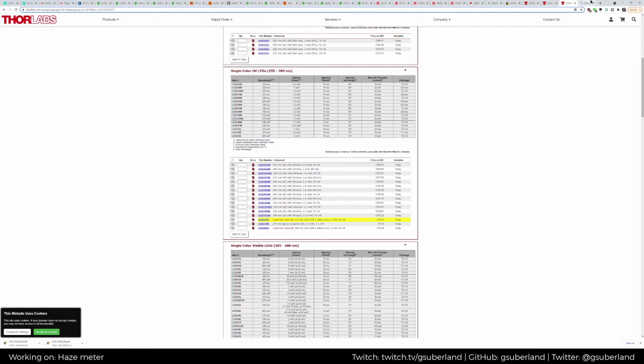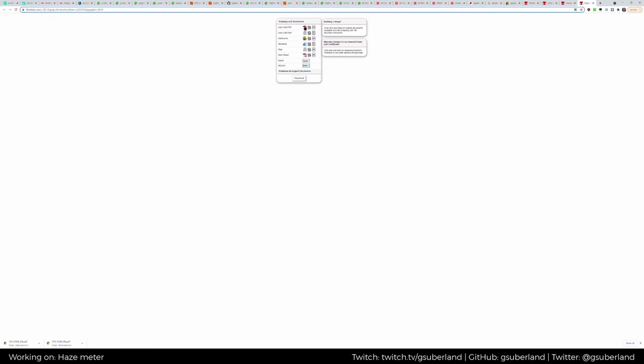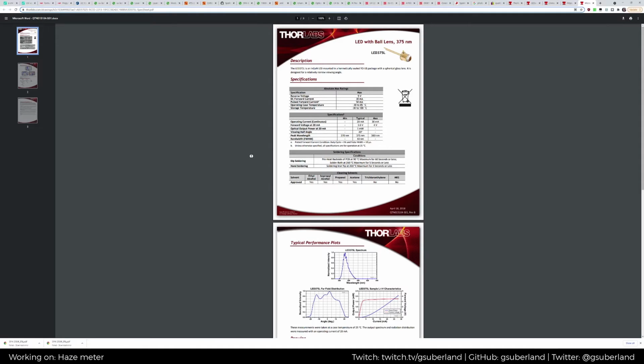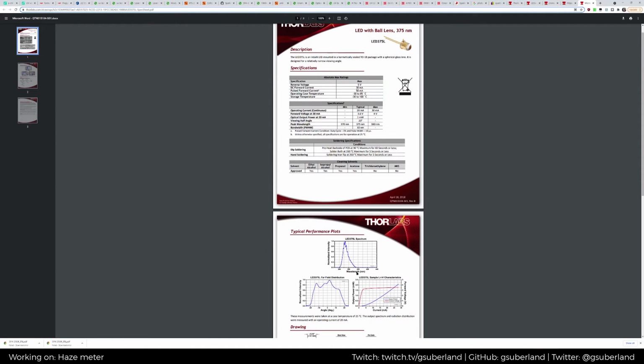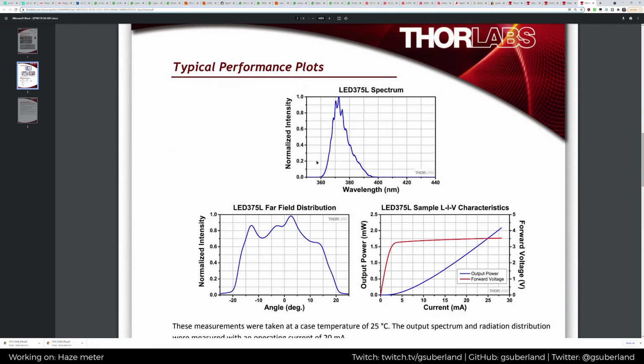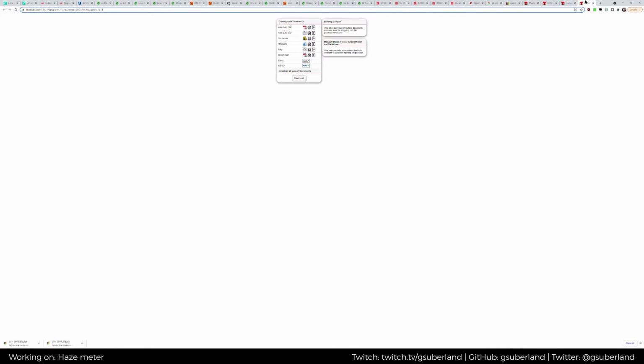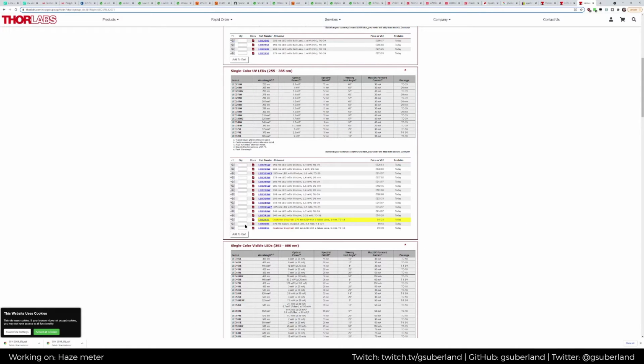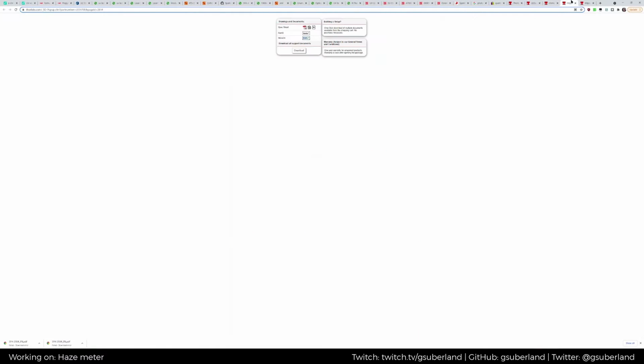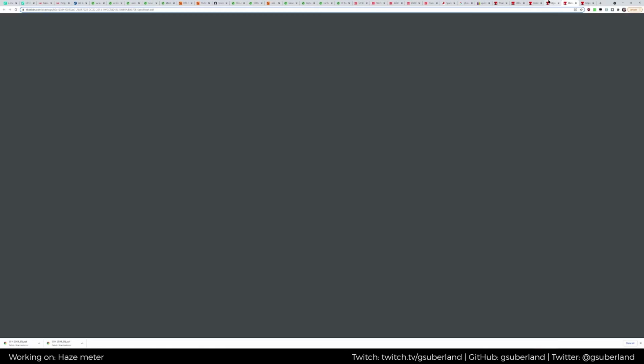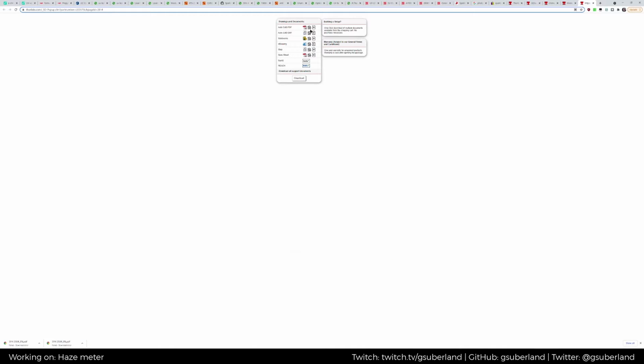So what was the data sheet on the 375? Actually, yeah, no. That just goes to 360. 330? Not on the 370 or the 375? Because both of those I just looked at. That's the spec sheet, so that's the 370.